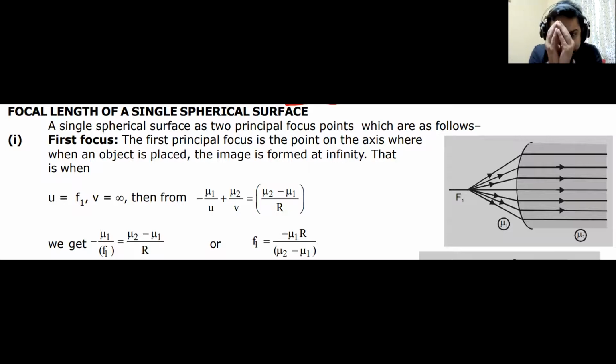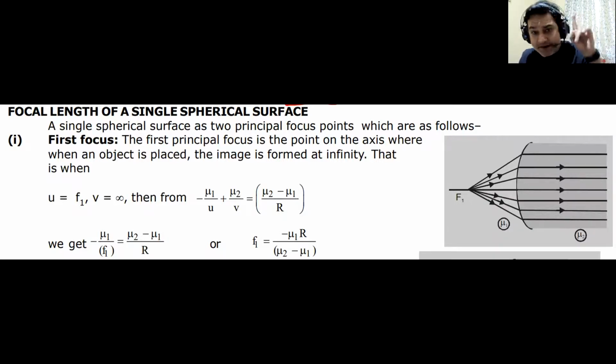Whether it's a lens or a curved spherical surface where refraction is happening, two foci can be defined. The first one is known as the first focus, and the second one is known as the second focus. No prizes for guessing that one. Now, what is the difference between the first focus and the second focus?